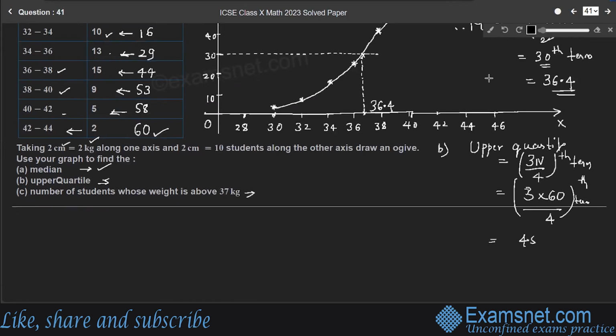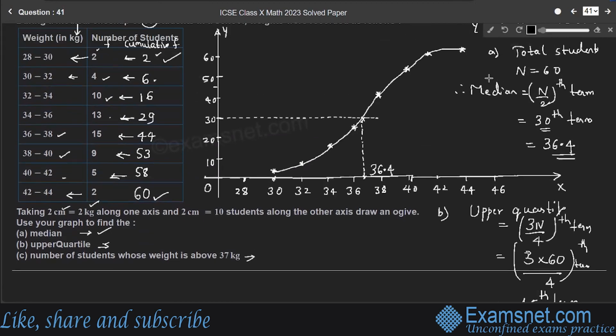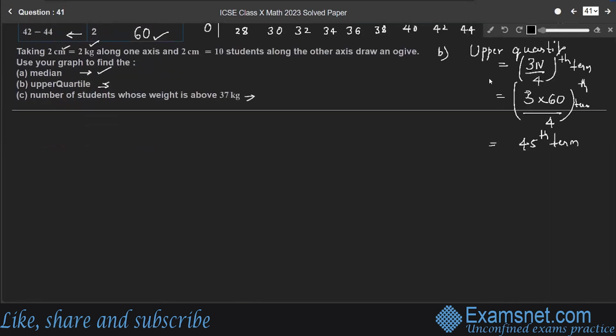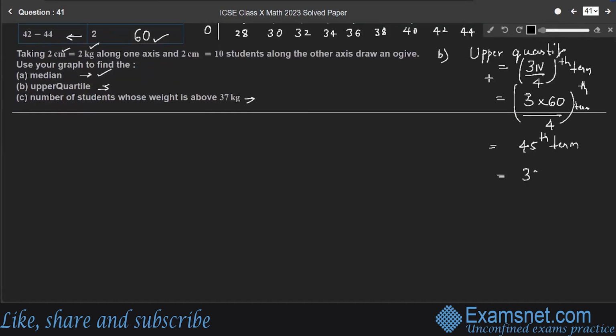So 45th term. From the y-axis, 45 represents number of students here. Right? So it meets the graph at some point. From that point, draw a dotted line to the x-axis. Right? So you will get 38.4. This is 38.4 as the upper quartile.